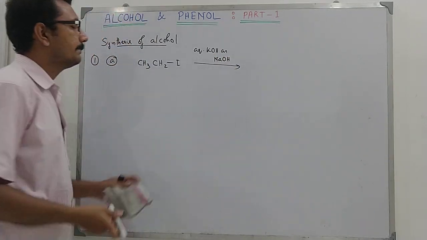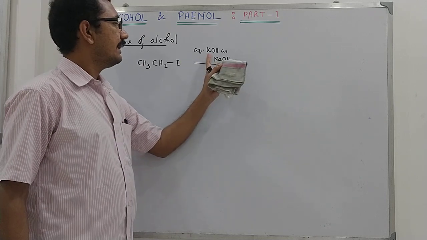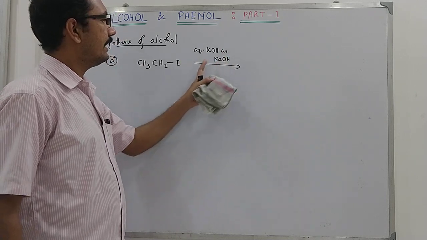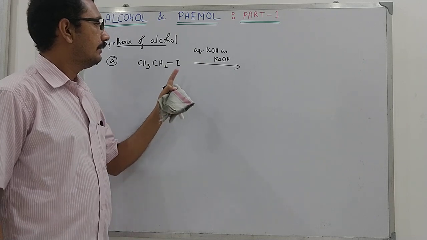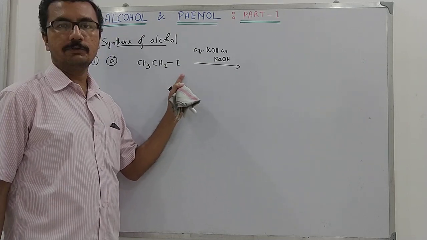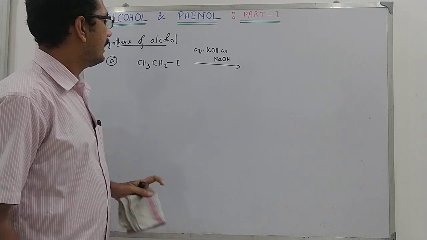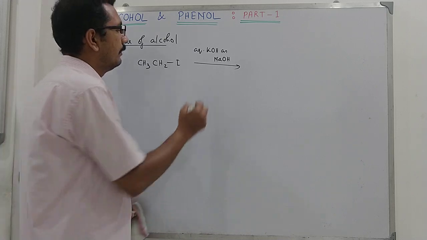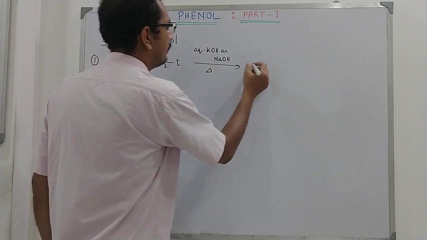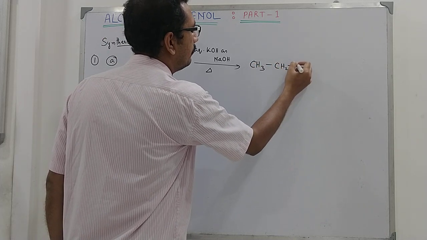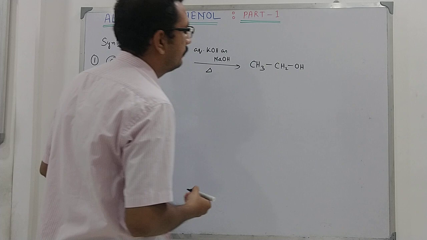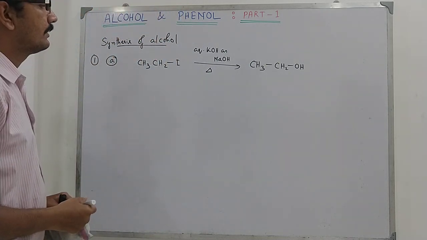Now when we take aqueous KOH or NaOH, we have free OH minus ion and that will execute nucleophilic substitution reaction in this reactant. So this will give us CH3CH2OH. We will have ethanol.